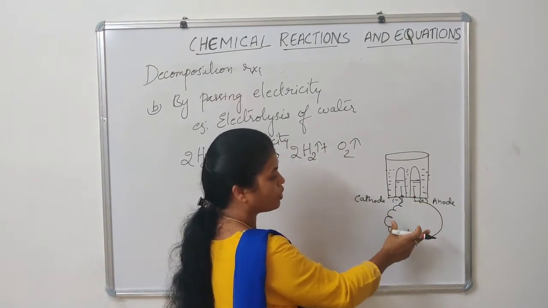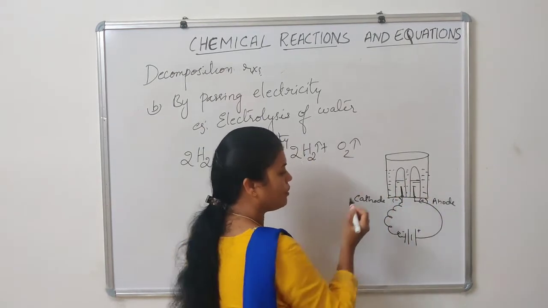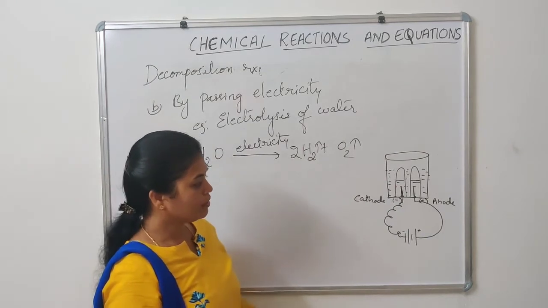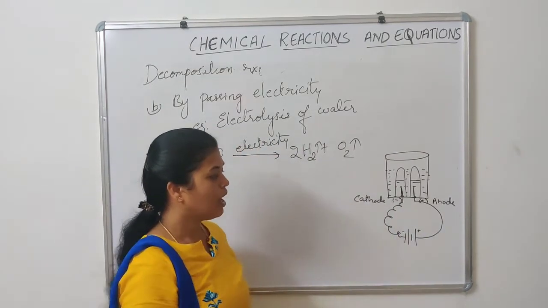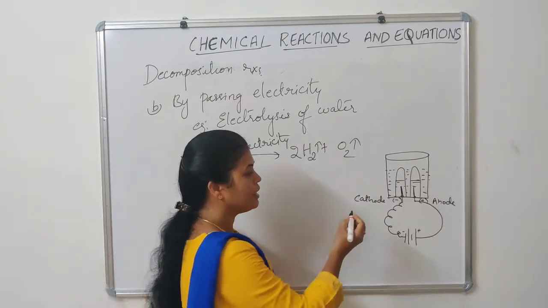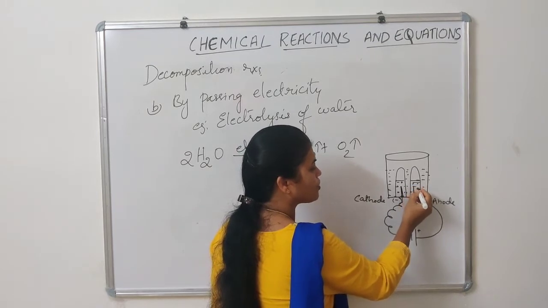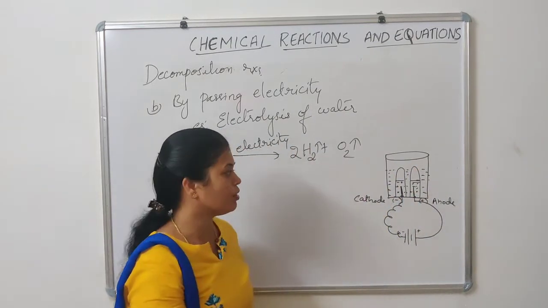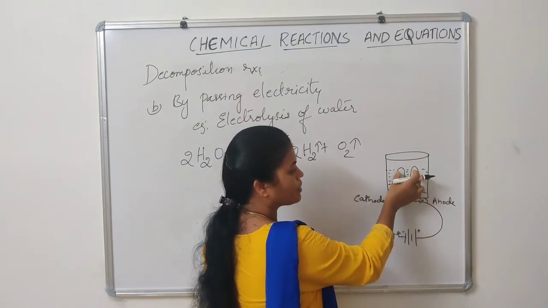So there are 2 electrodes: one is the cathode, the other is the anode. When the electric circuit is complete and connected properly, after some time you can see evolution of gases in both the test tubes, at both electrodes, and the gas slowly goes on occupying the tubes.